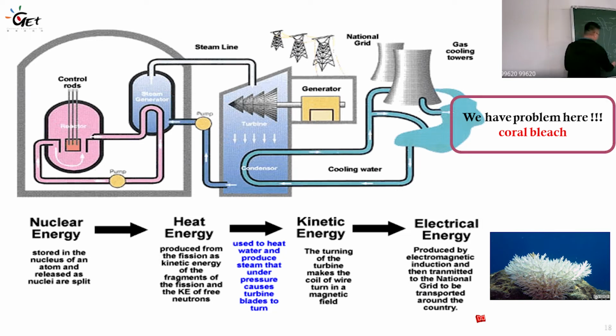Once the temperature is higher than 29 degrees Celsius, they start to puke the algae out of their body. Unfortunately, these two corals are from a picture taken at the water release gate of a certain nuclear power station. They are all turning white. They are all dead. The location is Houbihu.